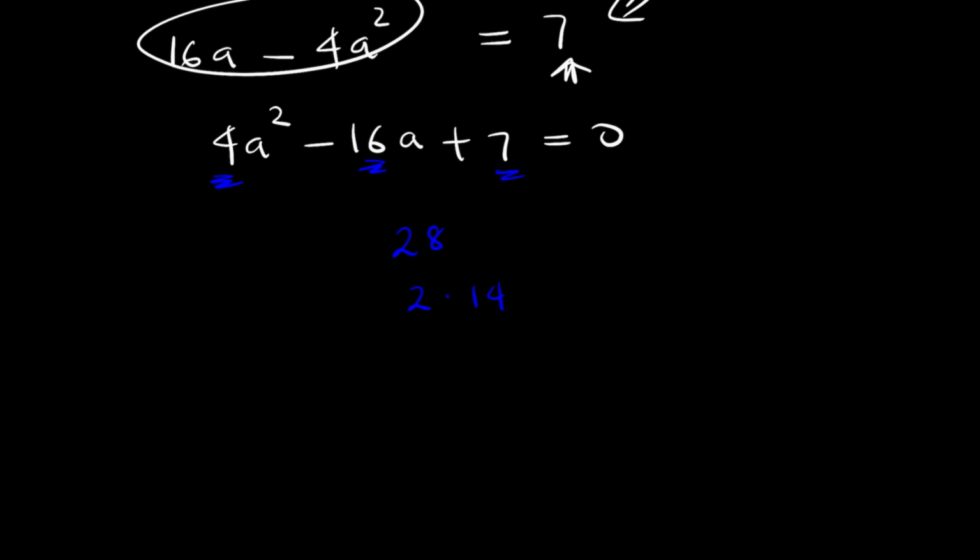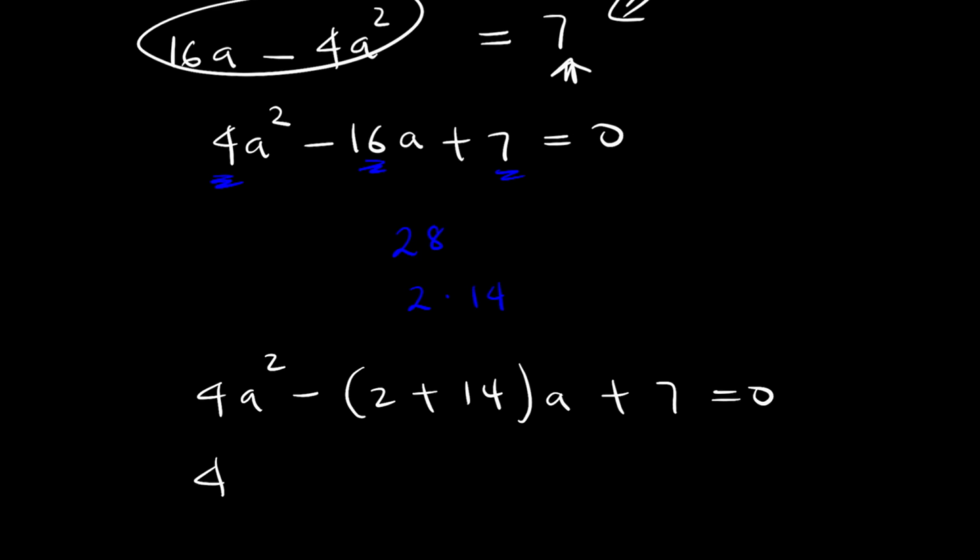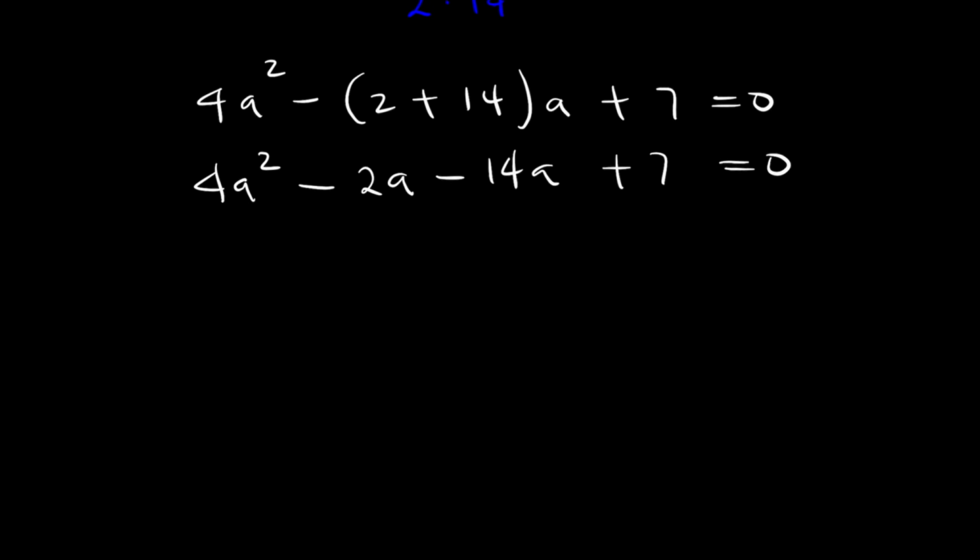So if we replace 16 with 2 plus 14, we then have 4a squared minus 2 plus 14, then into a plus 7 is equal to 0. This gives us 4a squared minus 2a minus 14a plus 7 is equal to 0.